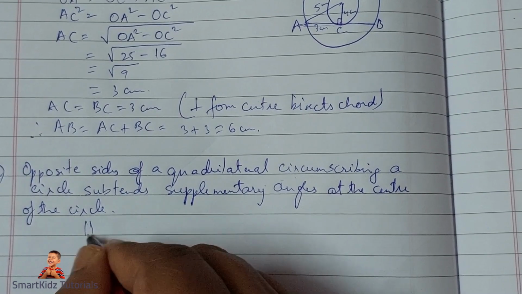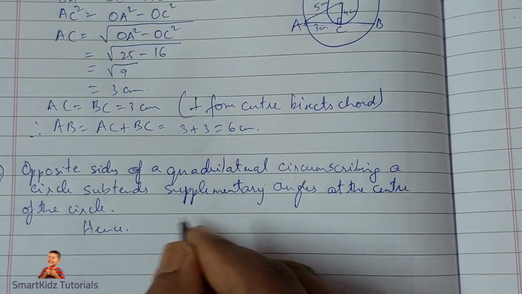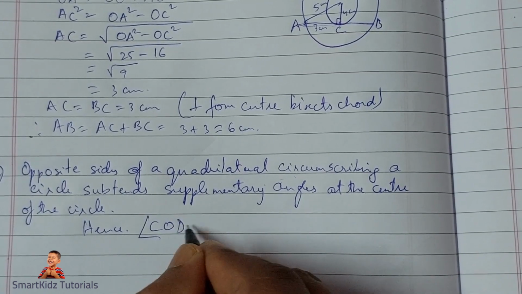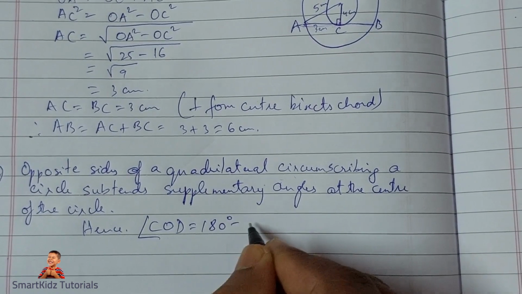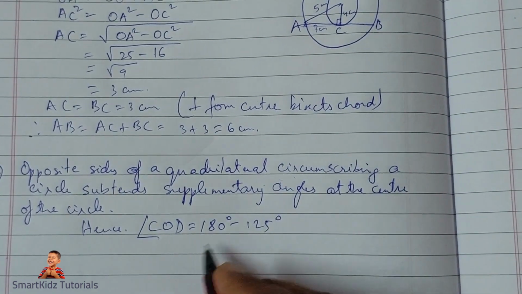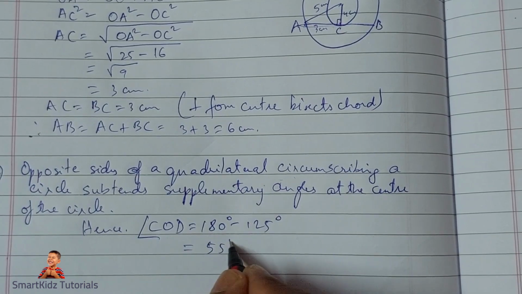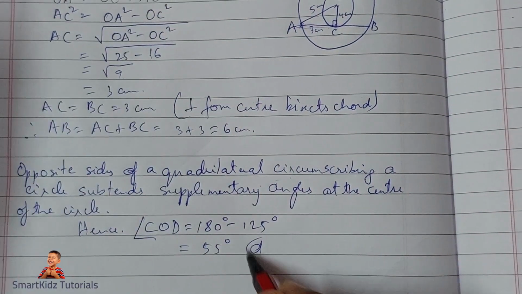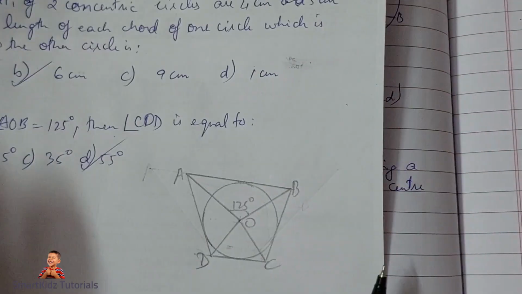Supplementary means 180 degrees. Complementary means 90 degrees. Okay, center of the circle. We can say hence angle COD will be equal to 180 degrees minus 125 degrees, which is equal to 55 degrees. And the correct answer is D.